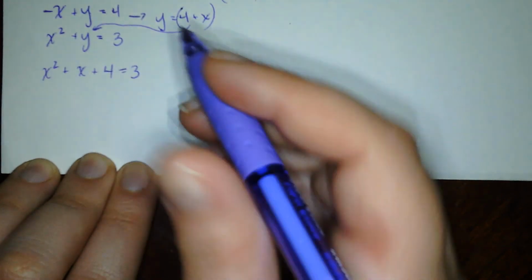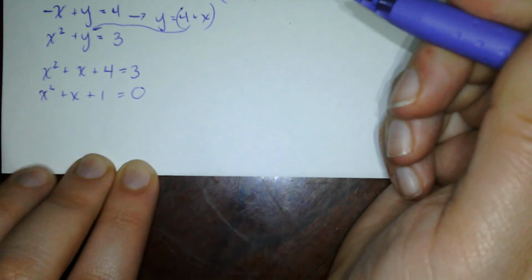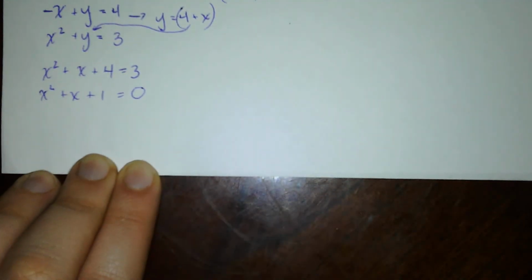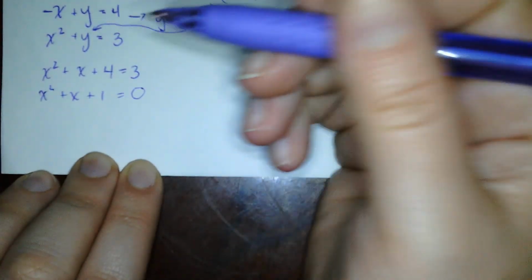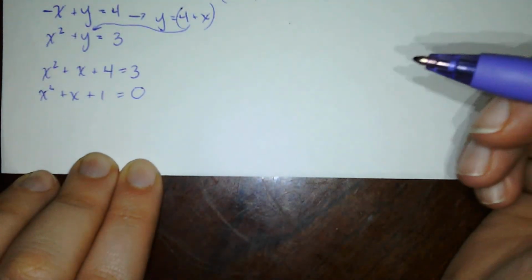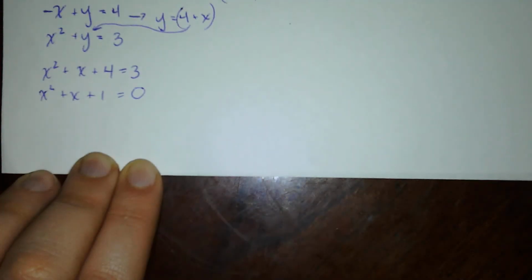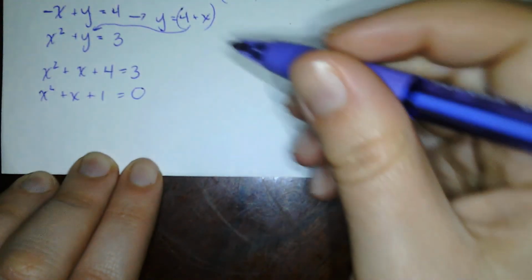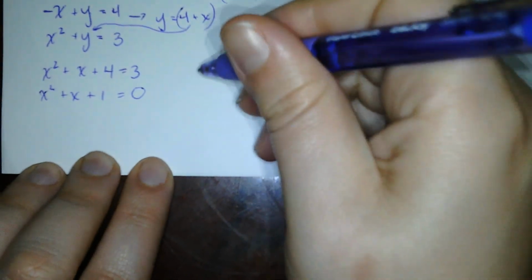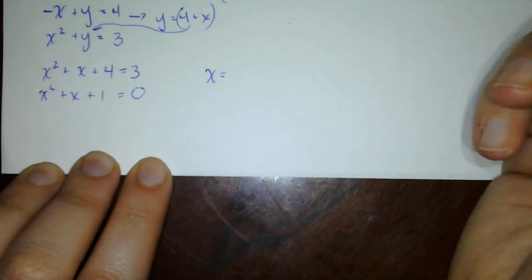What should we do? Subtract the 3 over, and we're going to get x squared plus x plus 1 equals 0. Well, first off, is that factorable? No, it's not, which kind of stinks. So our other options here are, well, I guess we have to use the quadratic formula. And sometimes your answers in this case won't be pretty. So if you do the quadratic formula, or we could complete the square.